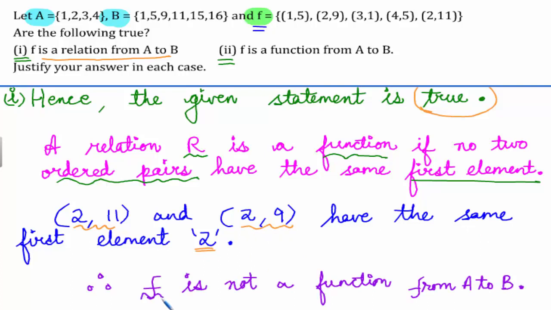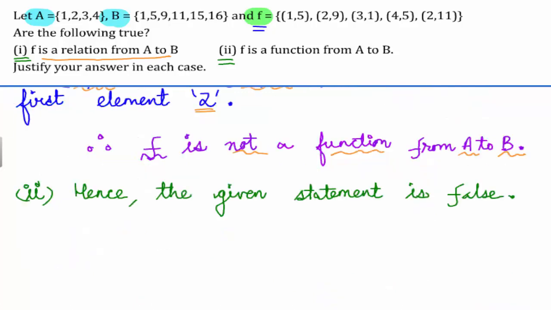Therefore, f is not a function from set A to set B. Hence, we can say that the given statement, that is, f is a function from A to B, is false. So with this we conclude the given question.